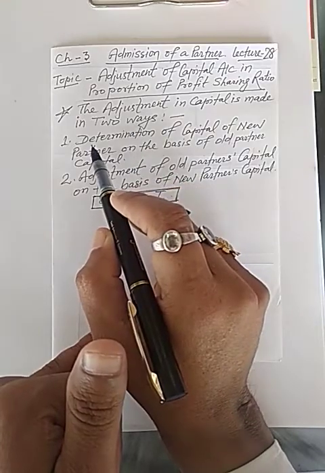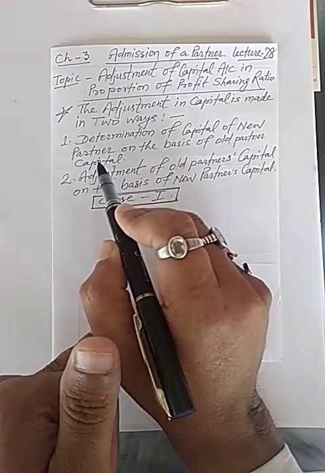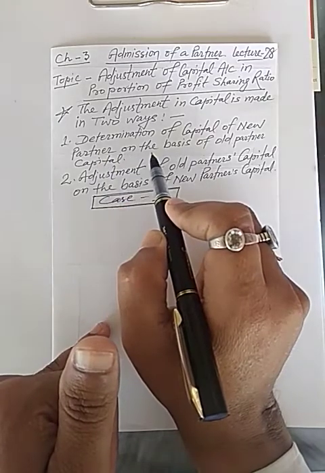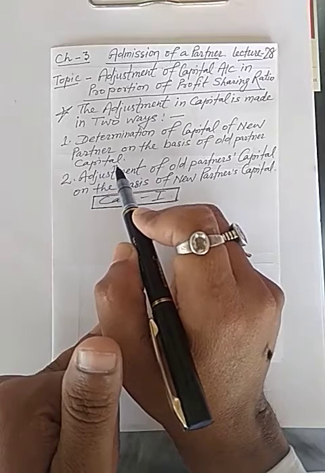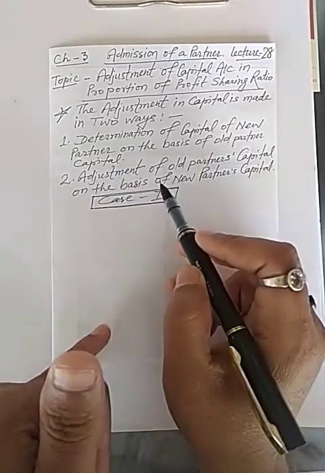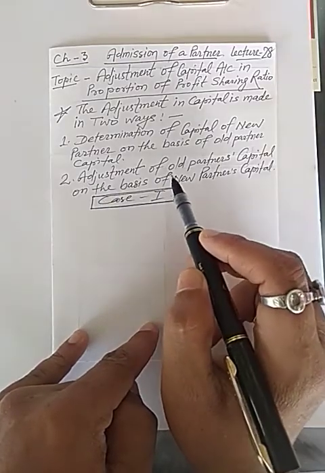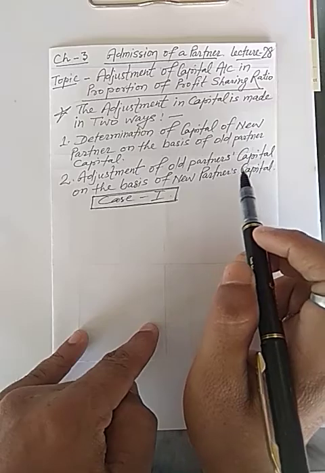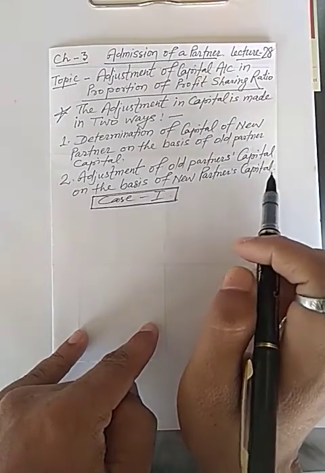First is determination of capital of new partner on the basis of old partner's capital. And second way is adjustment of old partner's capital on the basis of new partner's capital.